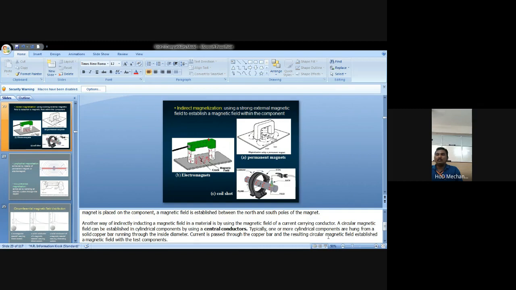Typically, one or more cylindrical components are hung from a solid copper bar running through the inside diameter. If the current is passed through the copper bar, the result is a circular magnetic field established within the test component.